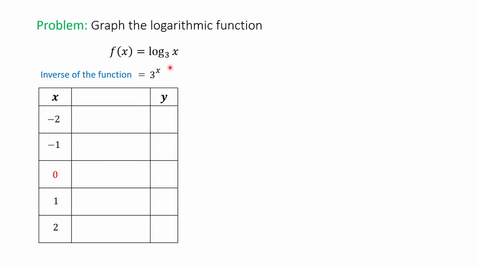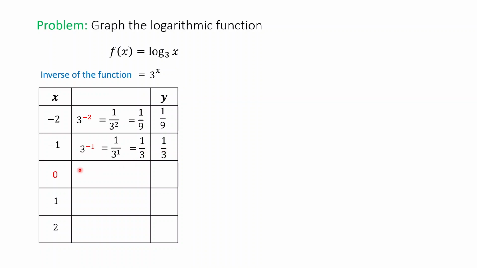Now put x is equal to -2, you get 3 to the -2, that is 1 over 3 to the positive 2, which is 1 over 3 squared, 3 squared is 9. So y is 1 over 9. Now put x is equal to -1, you get 3 to the -1, so that is equal to 1 over 3 to the positive 1, that is 1 over 3.